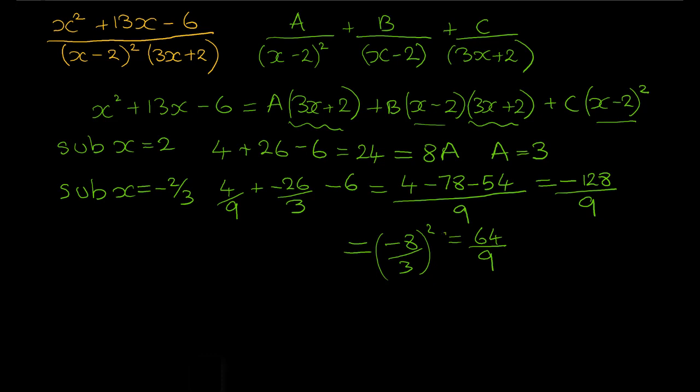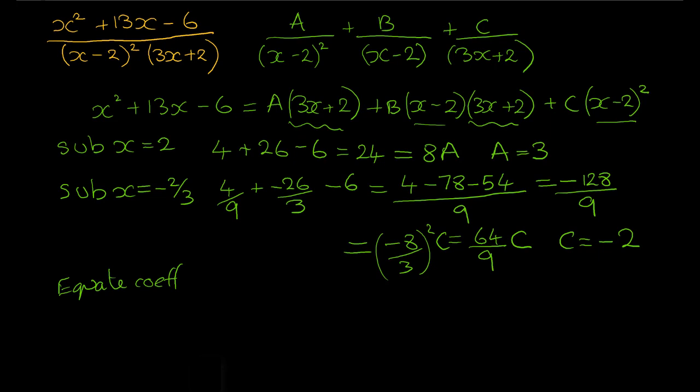And sorry, that's obviously going to be times by C. So we've got minus 128 over 9 equals 64 over 9C, so we can ignore the 9's, and so C will be 128 divided by 64, which is 2. It'll be minus 2.